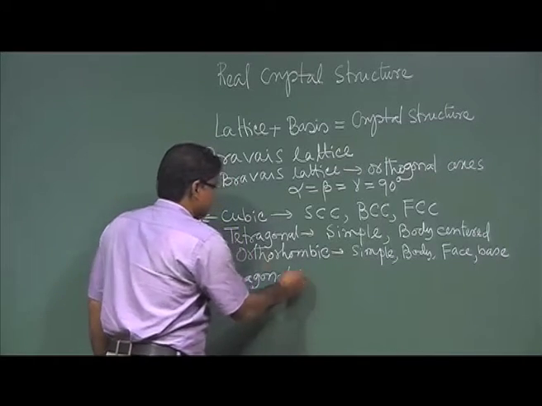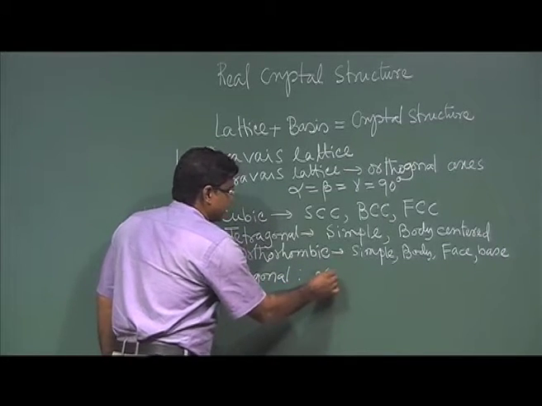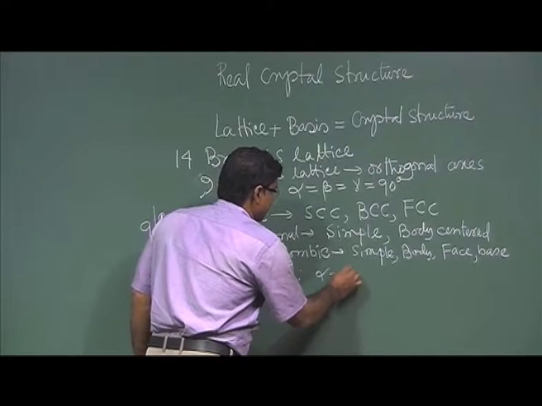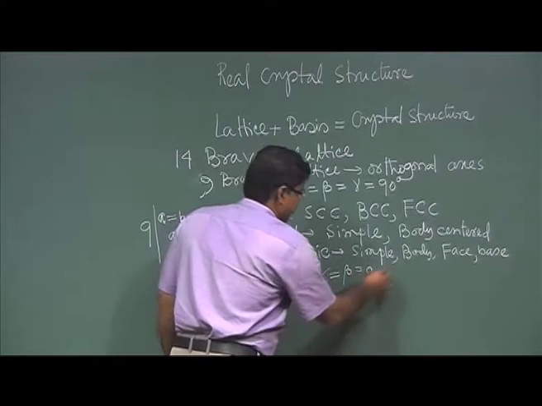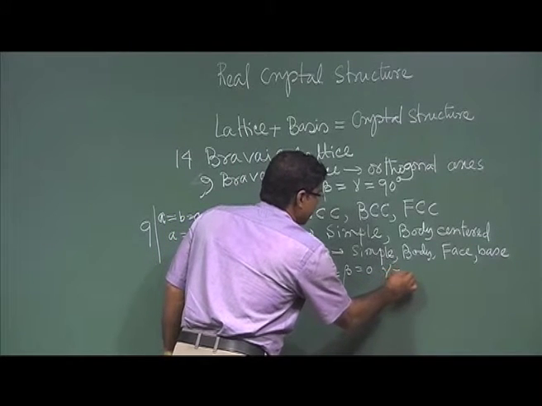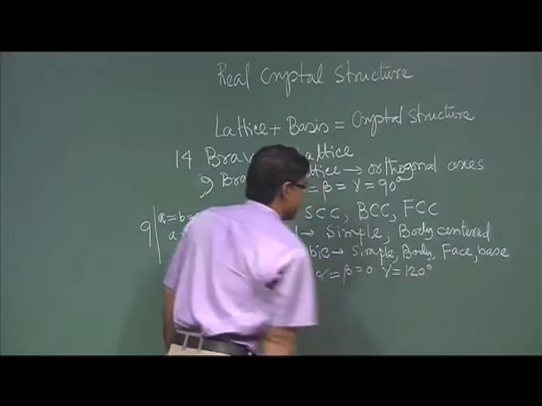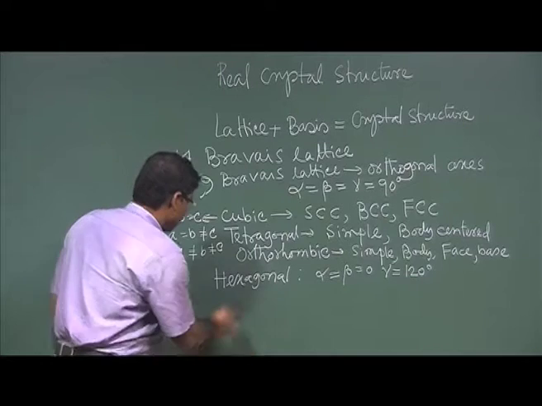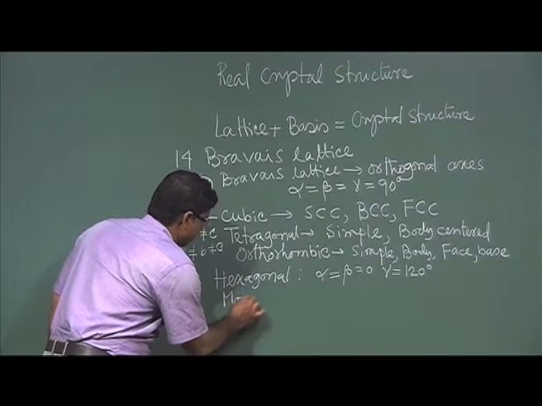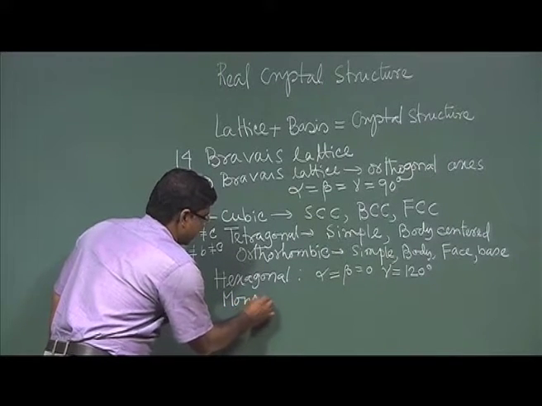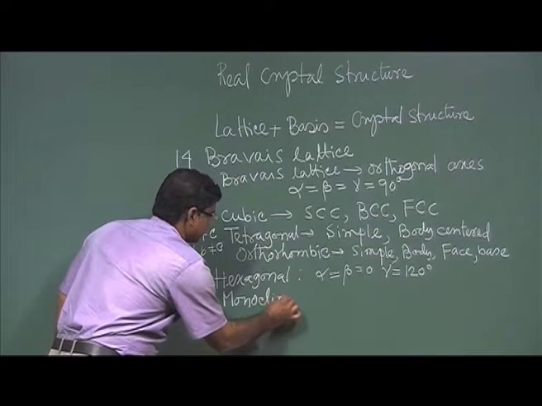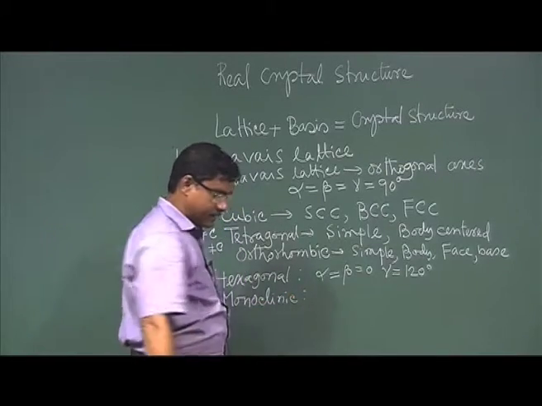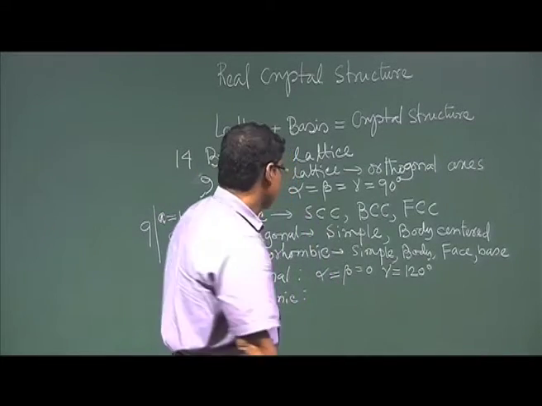And then we have other crystal systems, say hexagonal. In this case, two angles are 90 degree, alpha and beta equal to 90 degree, but gamma is not 90 degree, it is 120 degree, right. And we have monoclinic, it also has two angles that are 90 degree, one angle is not 90 degree.